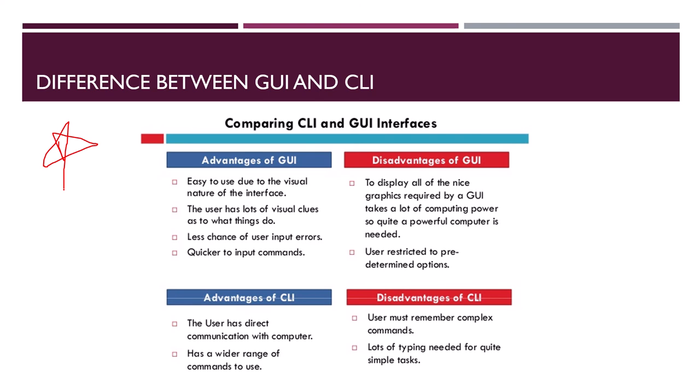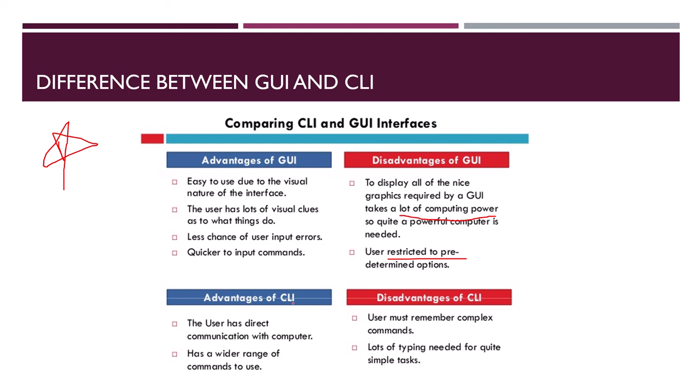This is an oft repeated question. The advantage of a GUI is that it is easy to use, you have a lot of visual clues, less chance of error, and it's quick to input commands. But the disadvantage is that all of these nice graphics will use a lot of computing power, and the user is restricted to predetermined options.